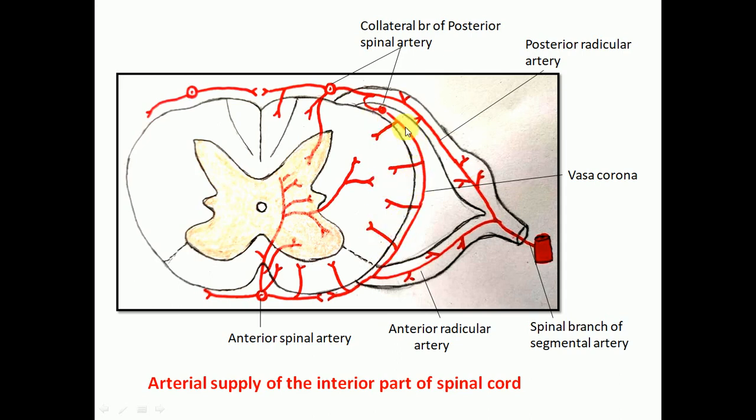That portion is called the vasa corona or arteria coronae. This vasa corona gives branches to the superficial aspect of the spinal cord. So ultimately these 5 segmental or radicular arteries, the anterior spinal artery and the posterior spinal arteries form the longitudinal arterial trunks, and that supply the spinal cord as a whole.